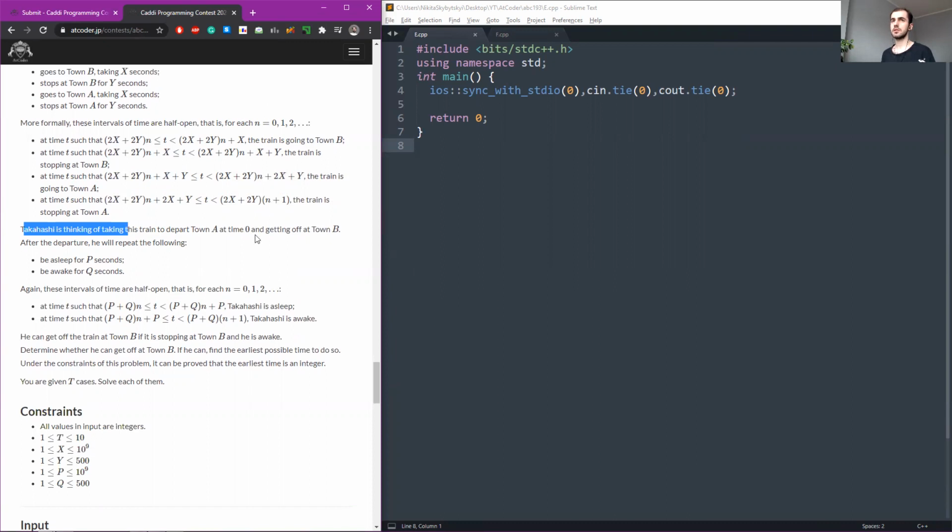Takahashi is thinking of taking this train to depart town A at time 0 and getting off at town B. After his departure, he will repeat the following: be asleep for P seconds, be awake for Q seconds, okay. Half open, okay. Yeah, it's clearly an integer because it's the beginning of one of the intervals.